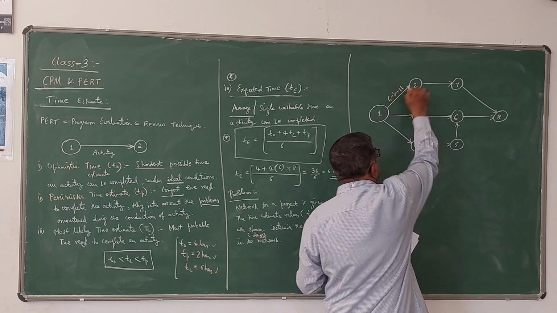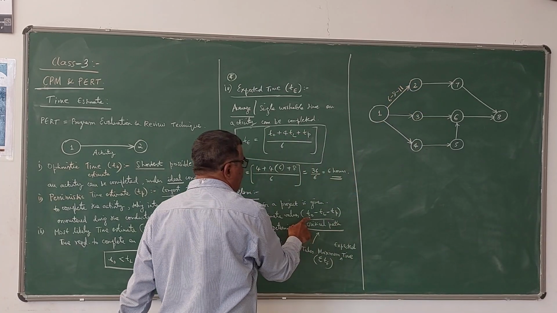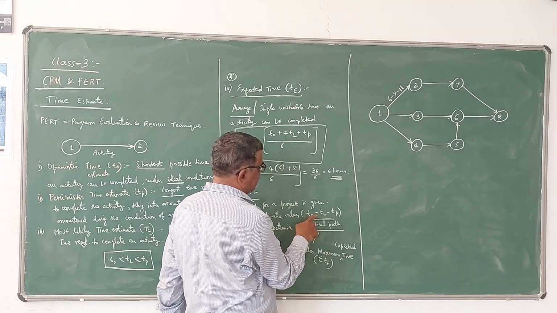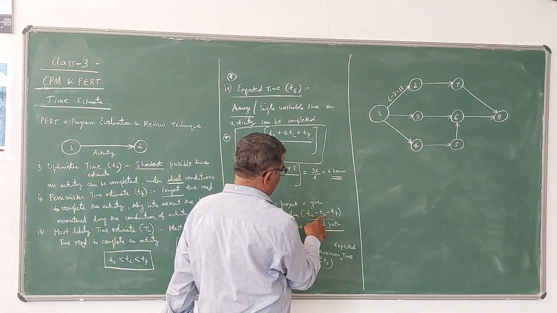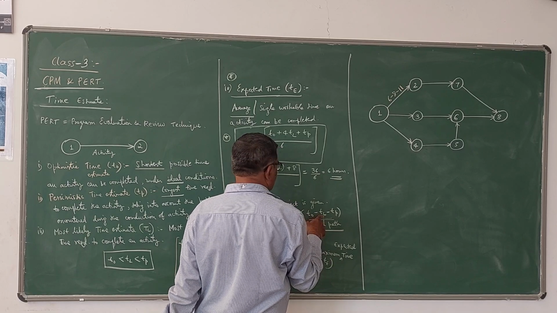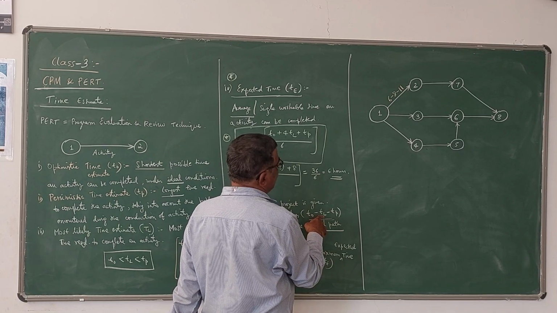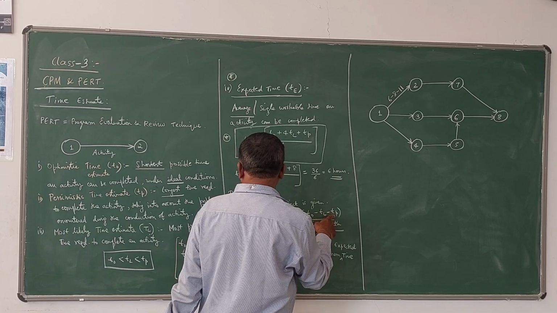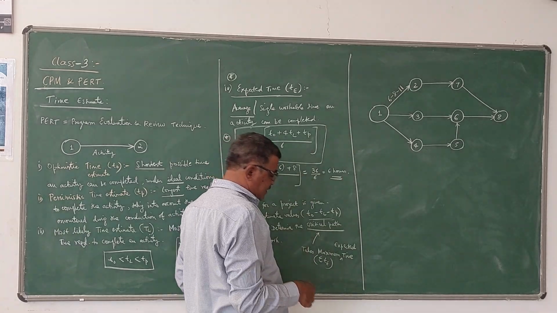That means for the activity 1-2, optimistic time is 6 days, most likely time estimate is 8 days, and TP, pessimistic time is 11 days.